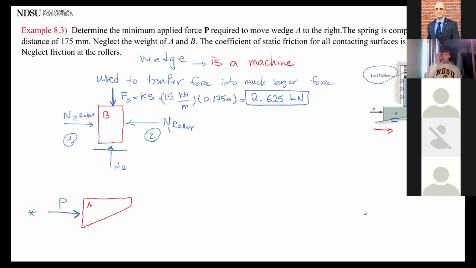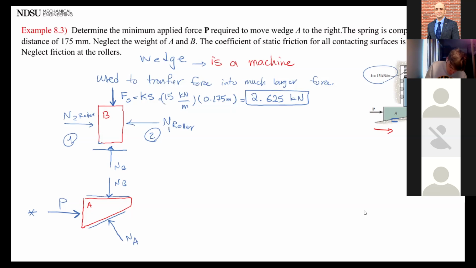So a normal force, which is going to be opposite of the other one, and it's the same as NB, and another normal force normal to the surface, NA, from the bottom. Every surface that they're making a connection, that's where they're going to have friction. As soon as you draw the normal force, draw a force perpendicular to the normal force and tangent to the surface.